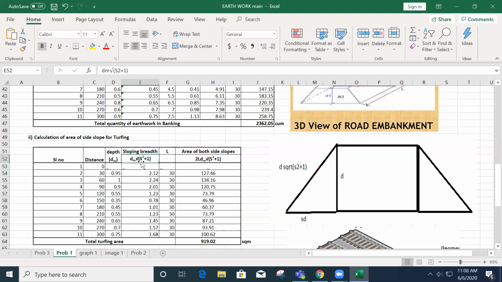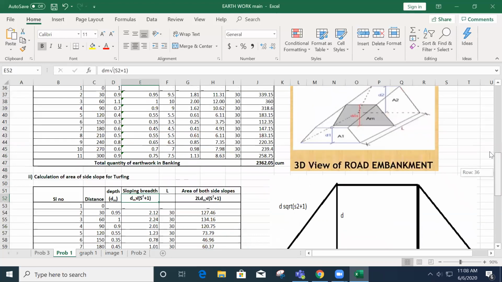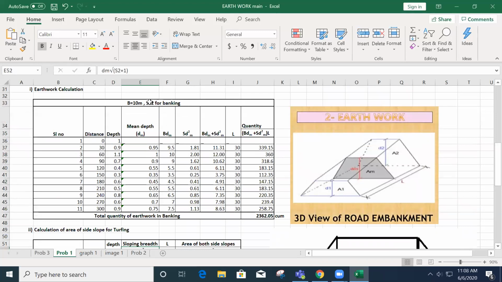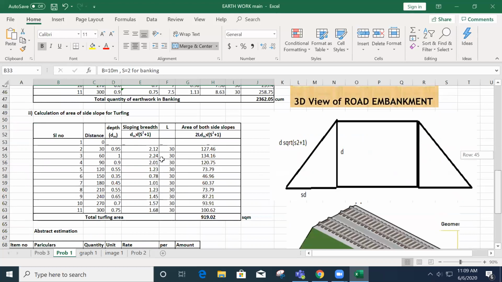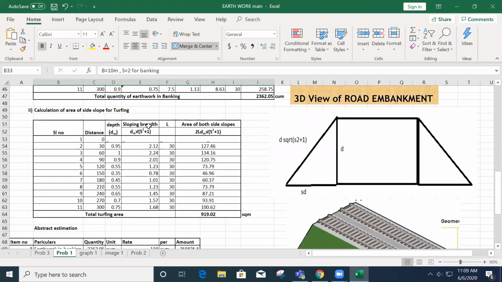The value of S is given in the question. It is 2, S is equal to 2. So the formula becomes square root of 2 square plus 1. Only dm is a variable. Square root of S square plus 1 remains constant throughout. So for the corresponding dm, you can work it out.